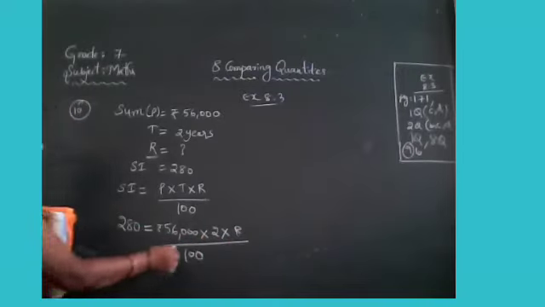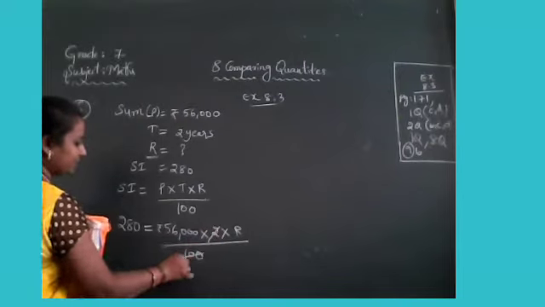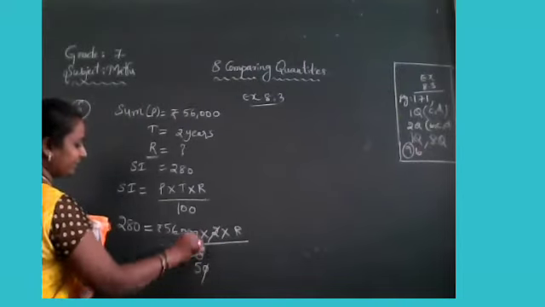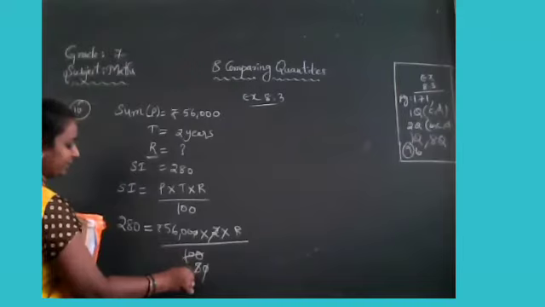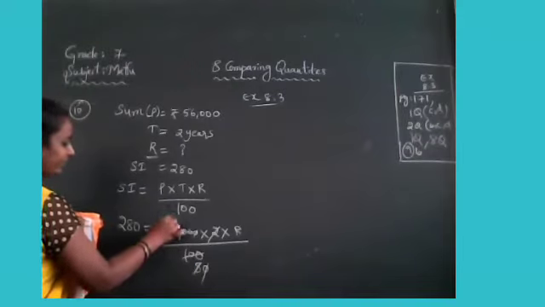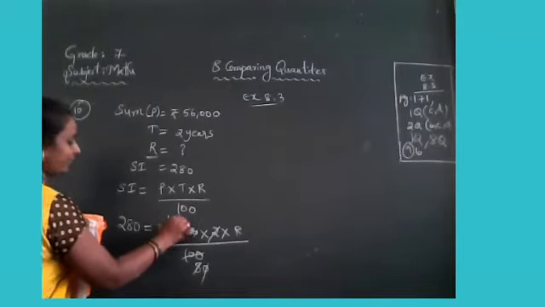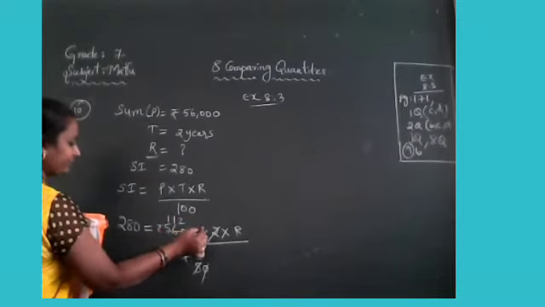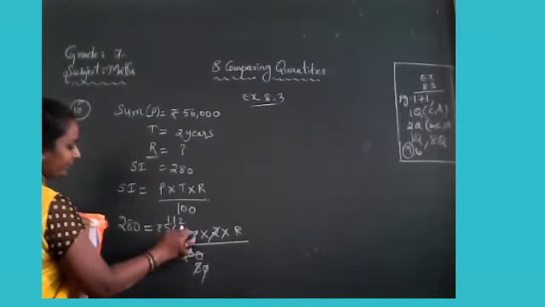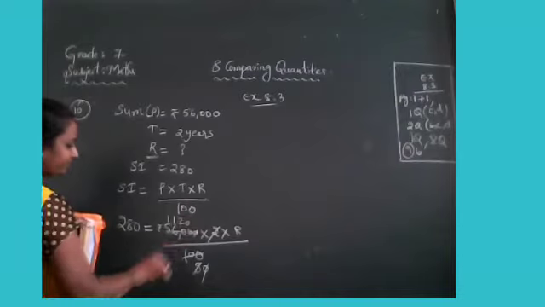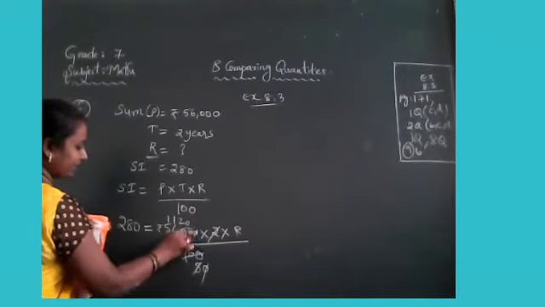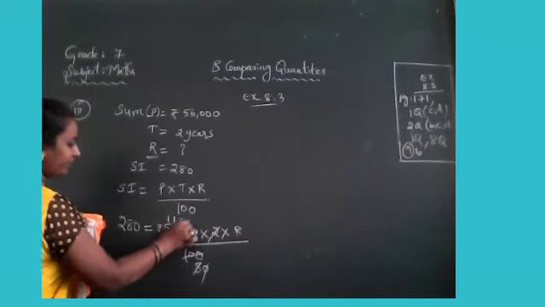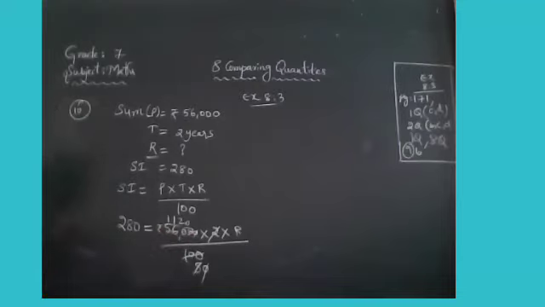Okay, so now simplify. Two zeros cancel. Then 5 twos 0, 5 twos 0. So only we have 1120.